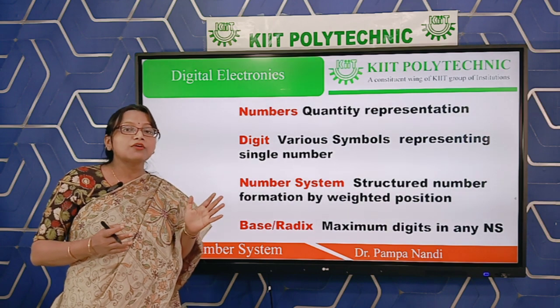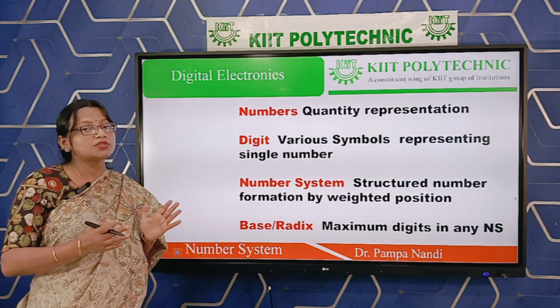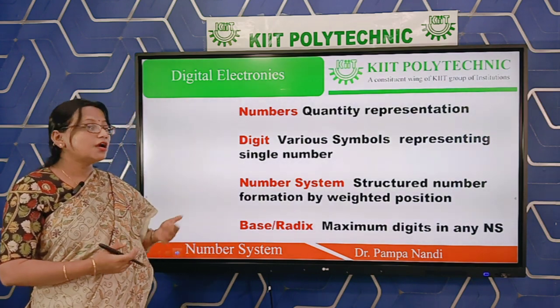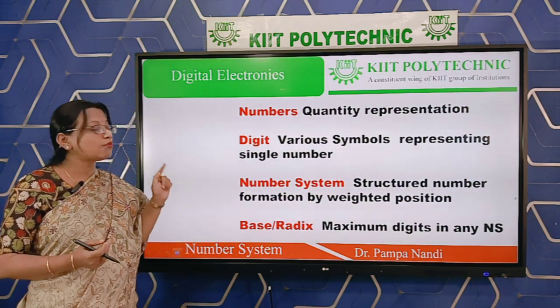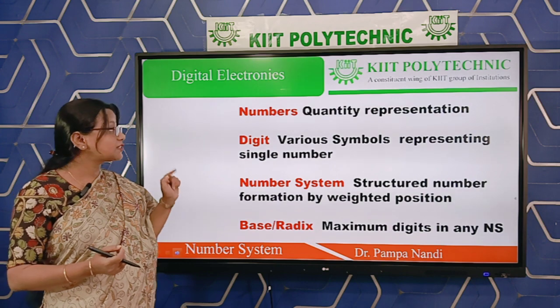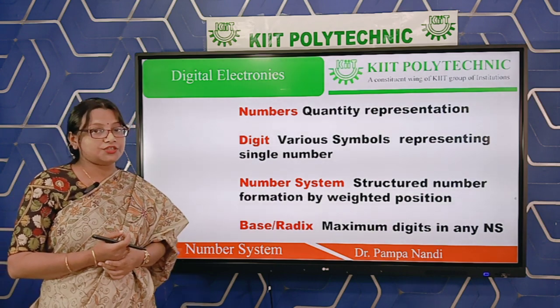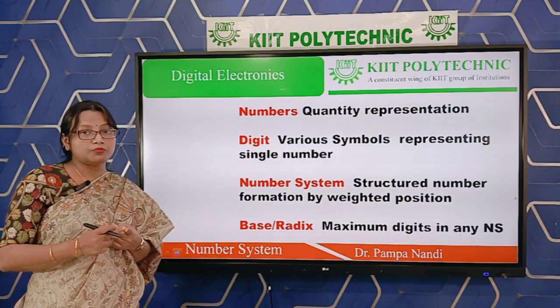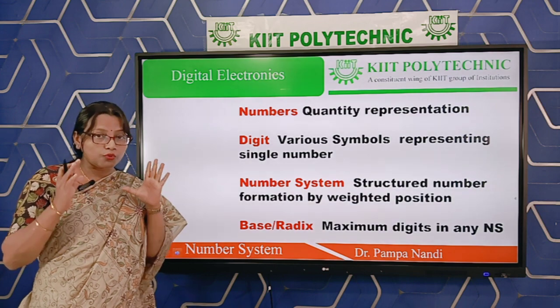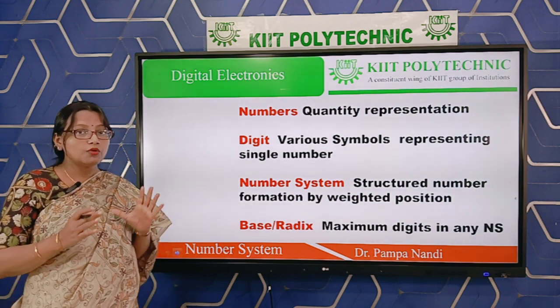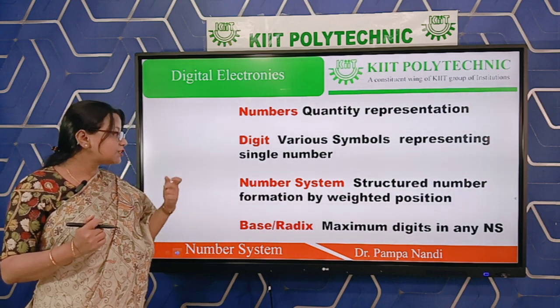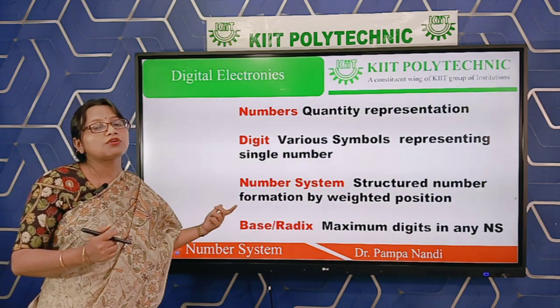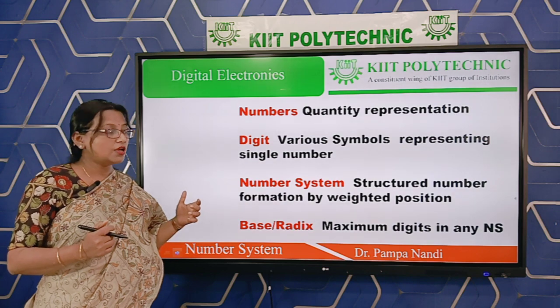These symbols and combinations of these symbols are called numbers. Here, listen to the one word I am emphasizing: combination of symbols. When the whole number is formed in a particular structured manner with a combination of these symbols, this is called a number system.